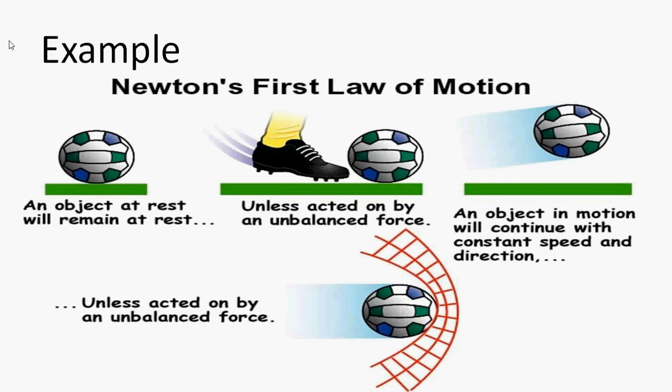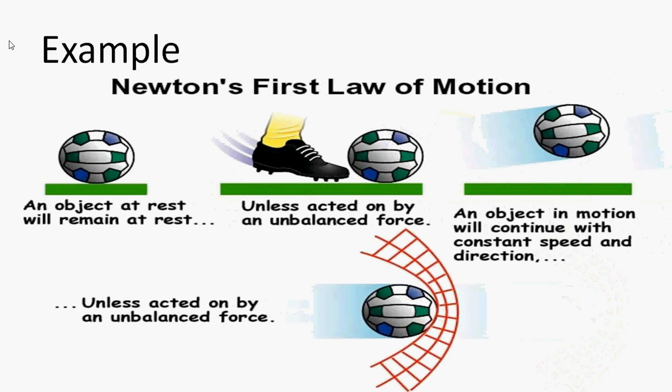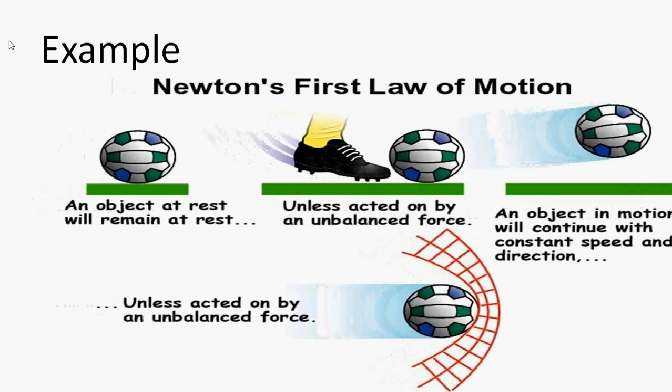Now next figure. An object in motion will continue in constant speed and direction unless acted upon by an unbalanced force. Now what is happening here? The ball is stopped by an external force in the last diagram.